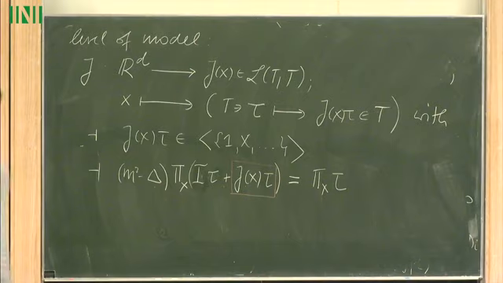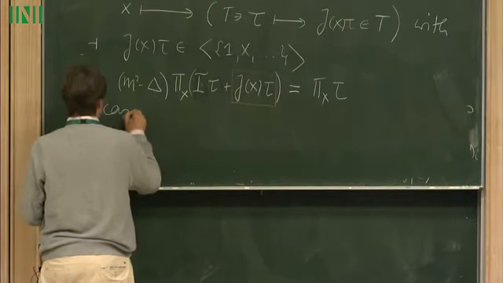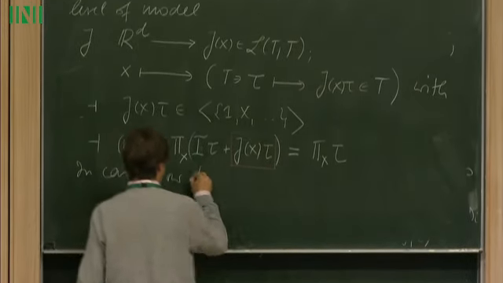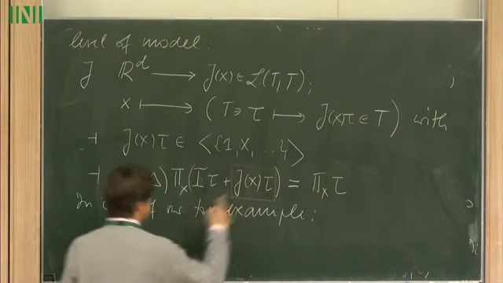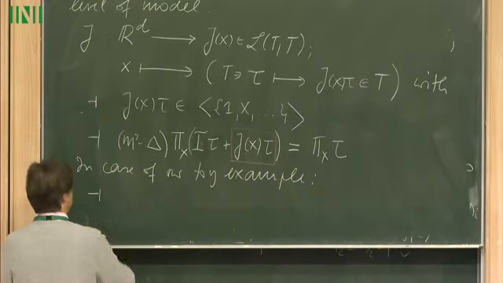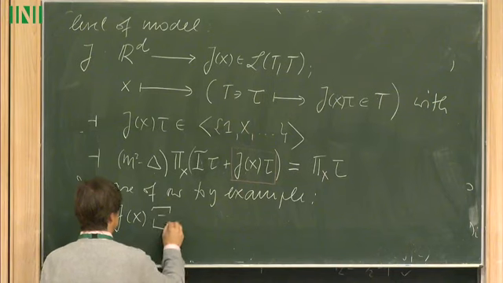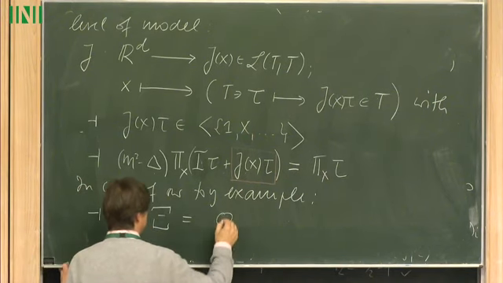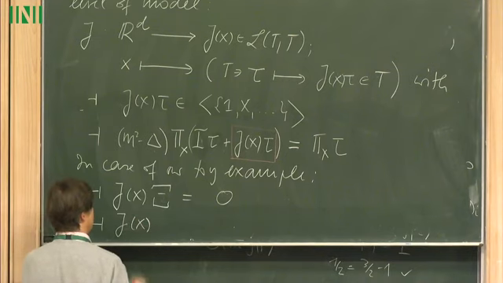And in case of our toy model, this object is an old friend. So J of x applied to xi is 0. So there's no correction.